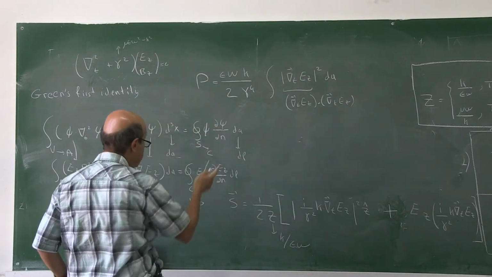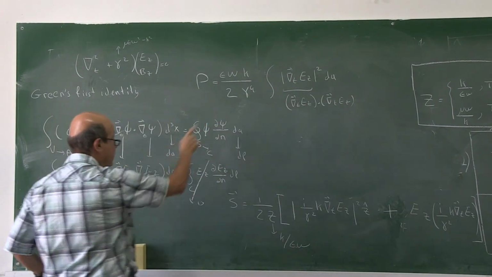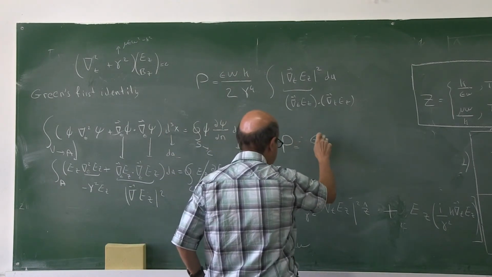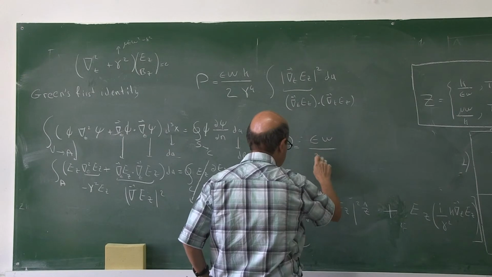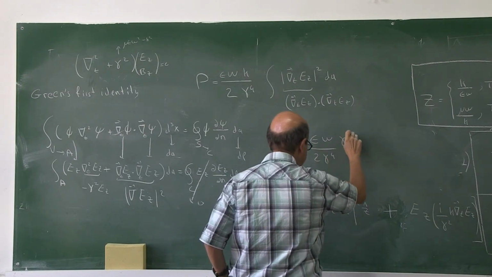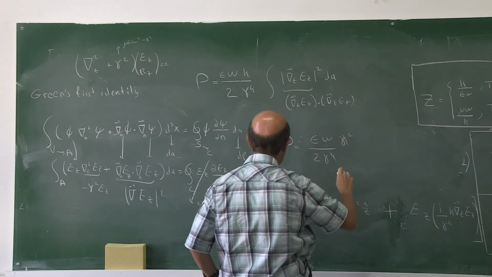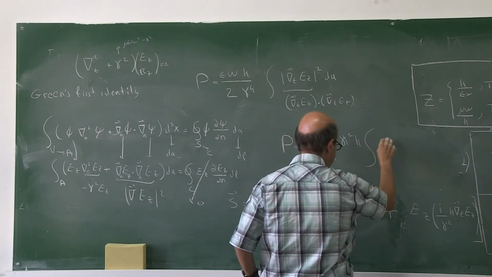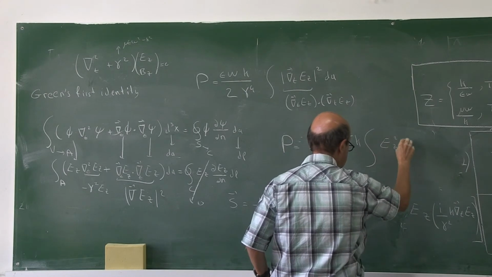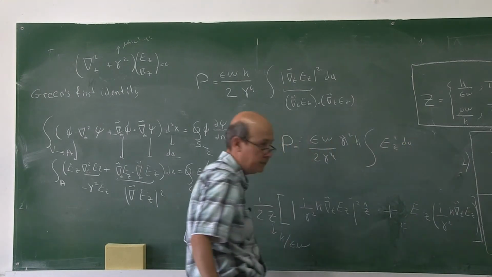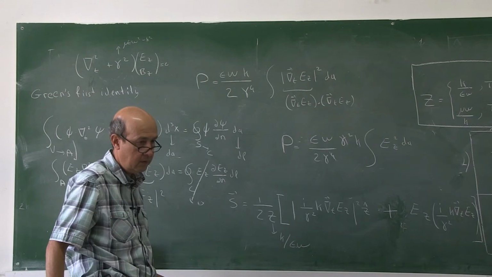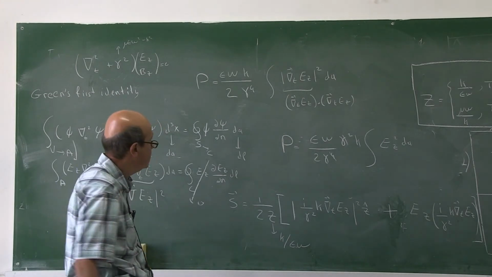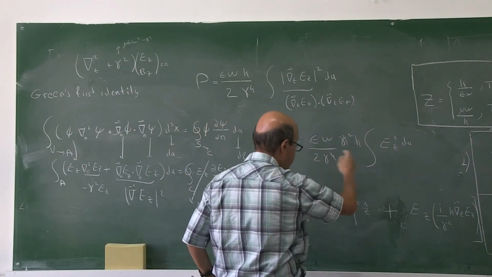That goes to the other side as positive. We have a gamma square, and gamma square is cancelled. So transmitted power will be epsilon omega over 2 gamma to the 4. That will be cancelled with one of the gamma squares. We have k, and what is left over? Ez square dA.